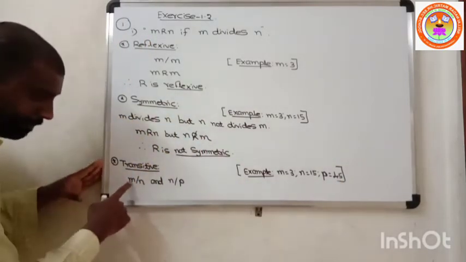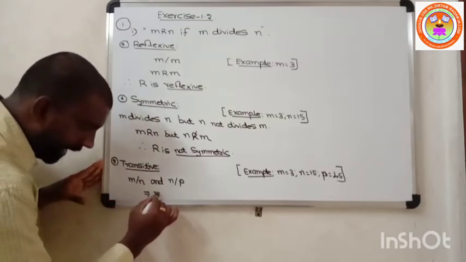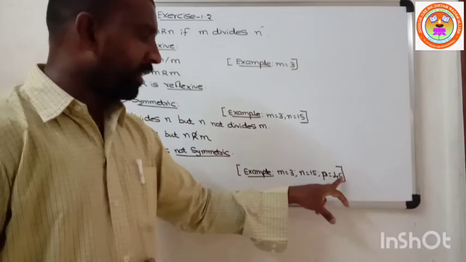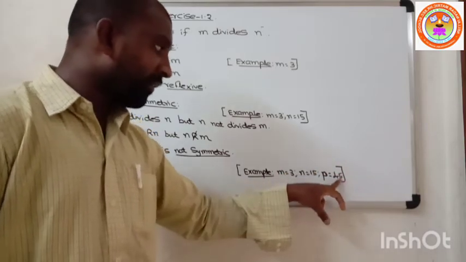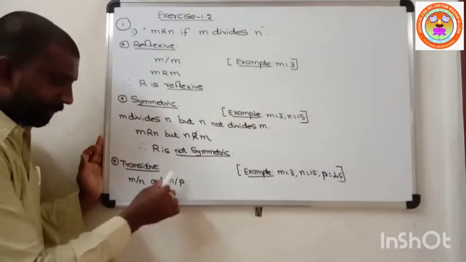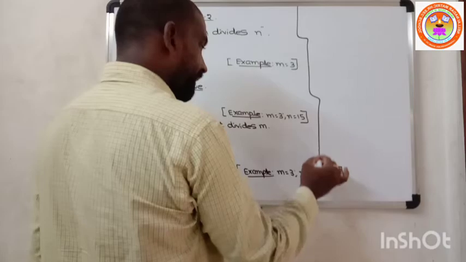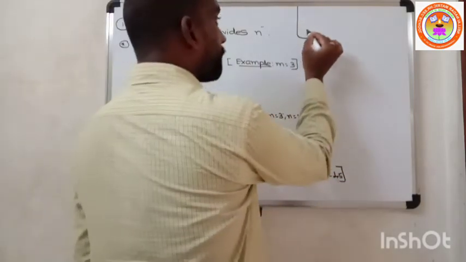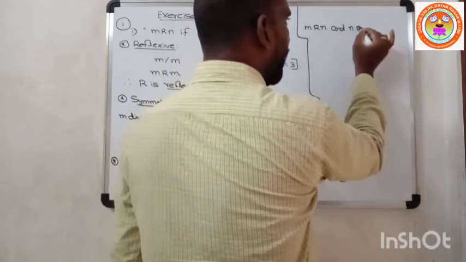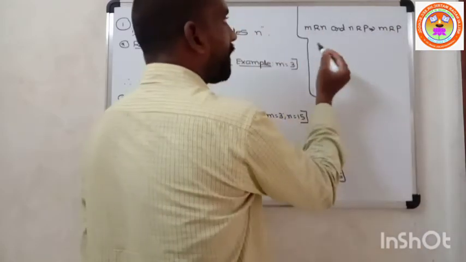So m divides p: 45 divided by 3 is 15. So m related n and n related p, so m related p.